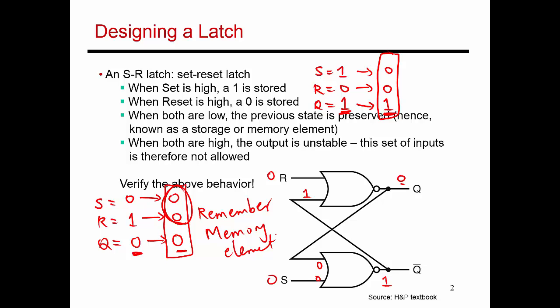There is a fourth case where both R and S are high. And when you do this, you will see that the output is unstable. Essentially, the values keep toggling back and forth. And so this set of inputs is viewed as an invalid input. So at most, I can have one of these inputs being high. And when both the inputs are low, then I'm in this remember state. So the latch is one way for me to construct a memory element.